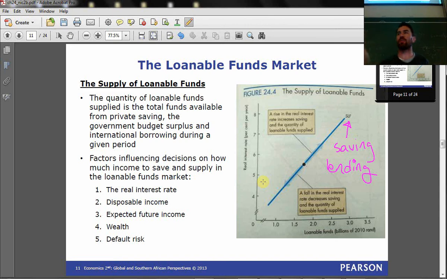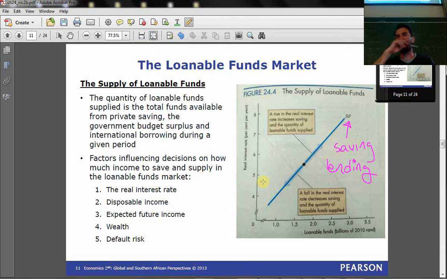And the higher the interest rate, the more likely you are to say, okay, I'm happy to wait. I won't spend 100 Rand today if you give me 200 Rand tomorrow. I won't spend 100 Rand today if you give me 1 million Rand next year. Yeah, okay, cool. Take my 100 Rand.